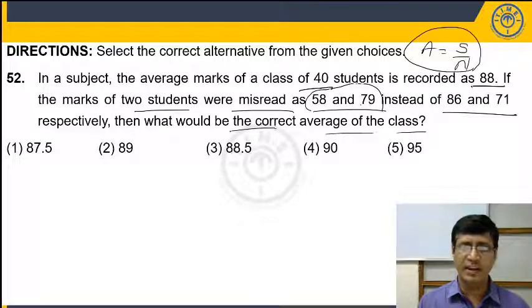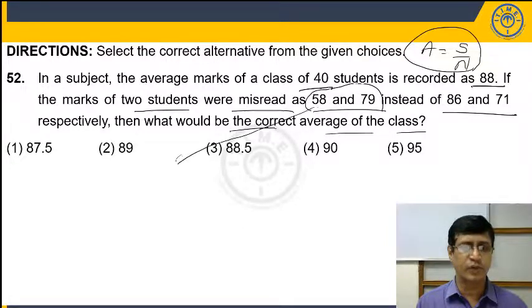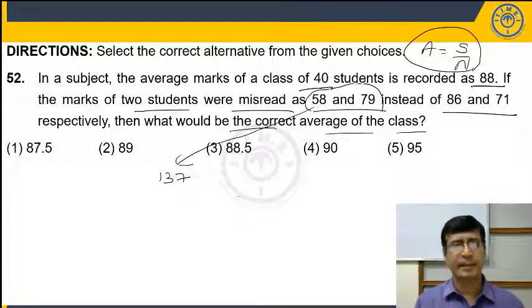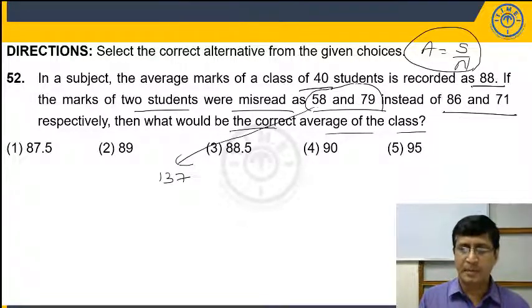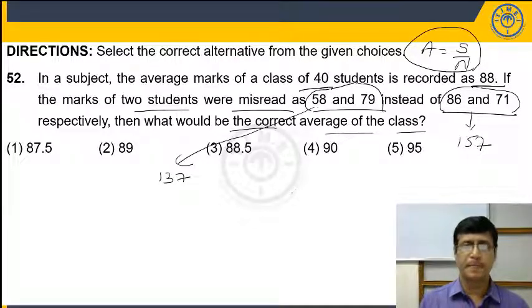So 58 and 79. How much is the sum of these two values? 58 and 79 make 137. Am I right? And the sum of 86 and 71, how much is the value? It is 157.